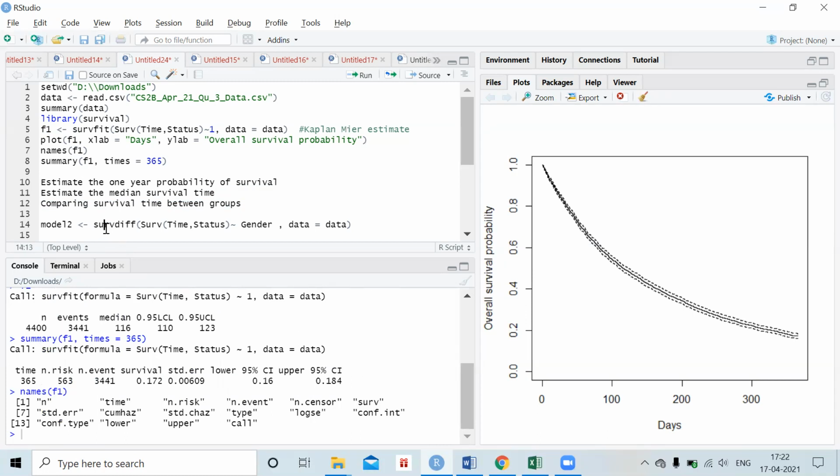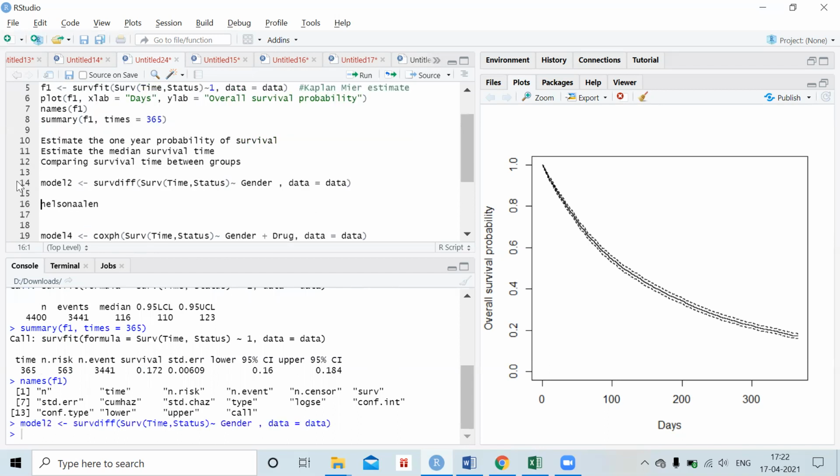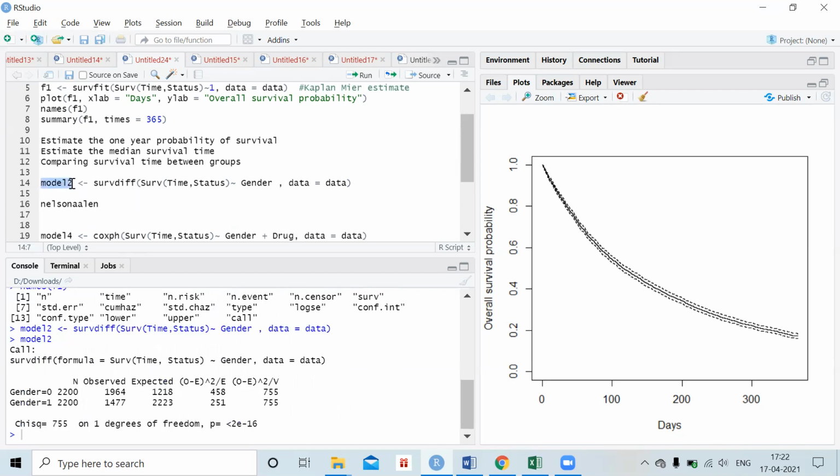For that we use the survdiff function. I run this as model 2, which I have saved by gender, with this data. If I run model 2, you can see the number n for gender 0 is 2200, and for gender 1 is 2200 also. We can see the observed and expected weighted data, and this is a chi-square test.